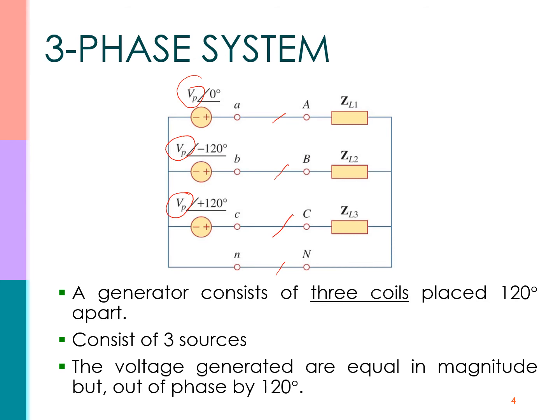Let's say line A is 0 degrees, line B is minus 120 degrees, and line C is plus 120 degrees. So all these wires are out of phase by 120 degrees. Since the three-phase system is by far the most prevalent and most economical polyphase system, we will discuss mainly the three-phase system in this chapter.